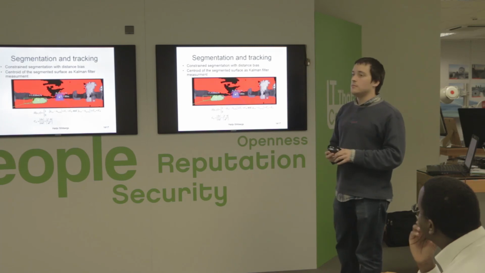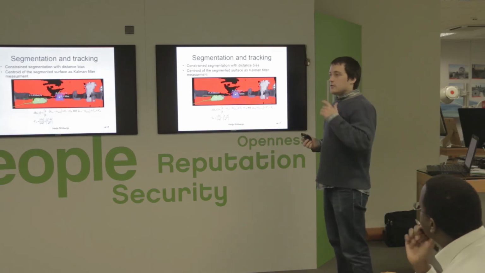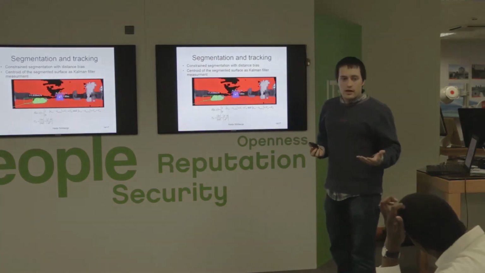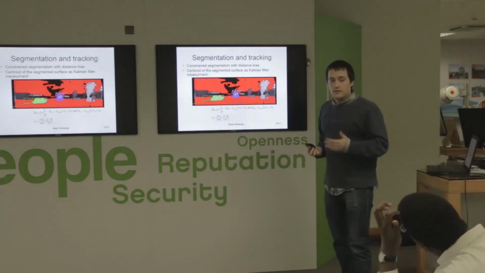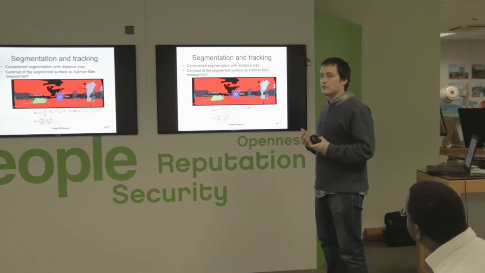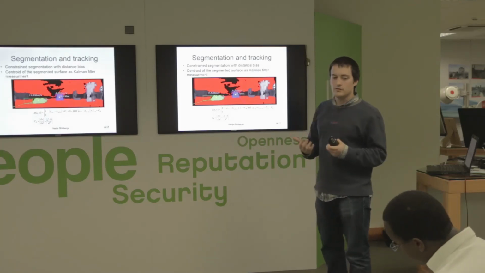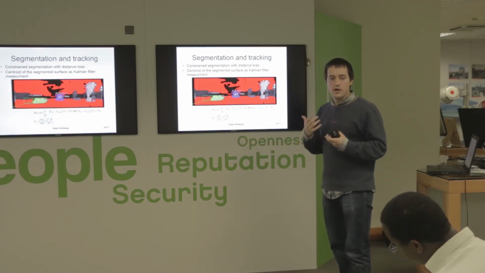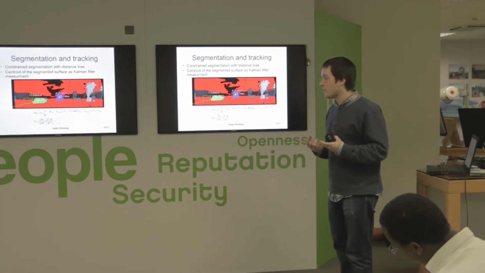Everything had to run in real time on a CPU at that point. We didn't actually use a GPU. So in the CPU implementation, the algorithms you have to use need to be as computationally inexpensive as possible.